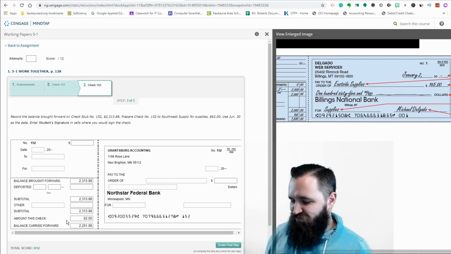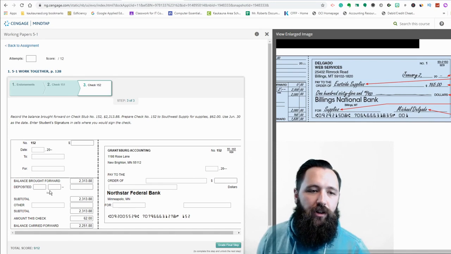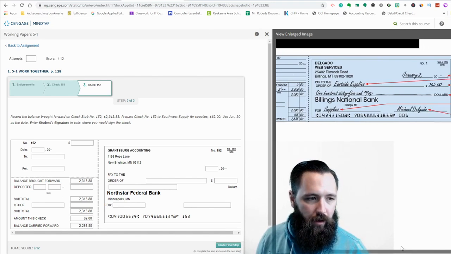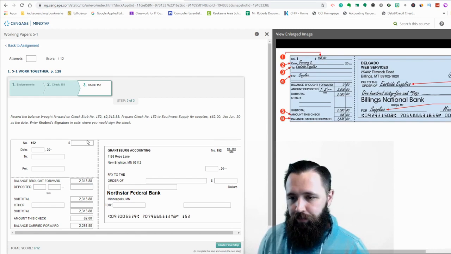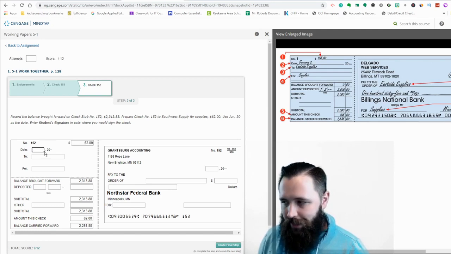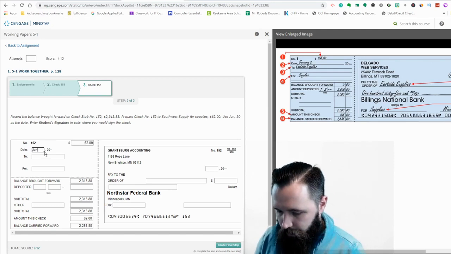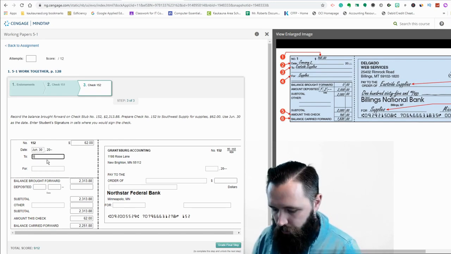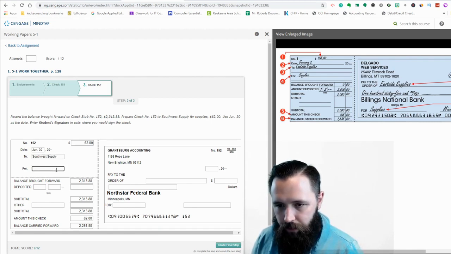All right. So now we've done this bottom section, and we can move on to our 12 steps that we have here. So I'll go through this a little bit quicker. How much is the check? It's for $62. What's the date? It's June 30th. Who's this to? Southwest Supply. What's it for?